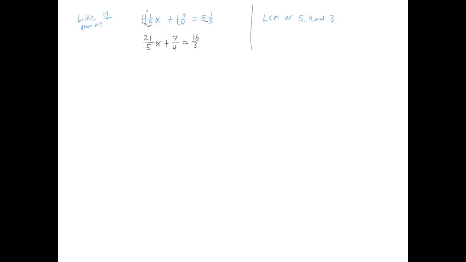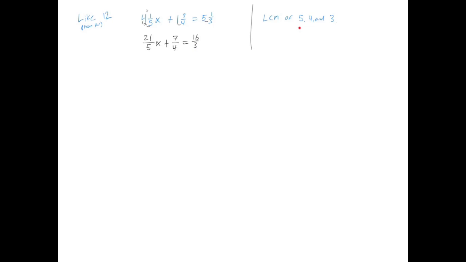Now the next thing we need to do is find the LCM of 5, 4, and 3. The LCM is the least common multiple. I say 5, 4, and 3 because those are my 3 denominators. I have a 5 as a denominator here, 4 here, and 3 here.